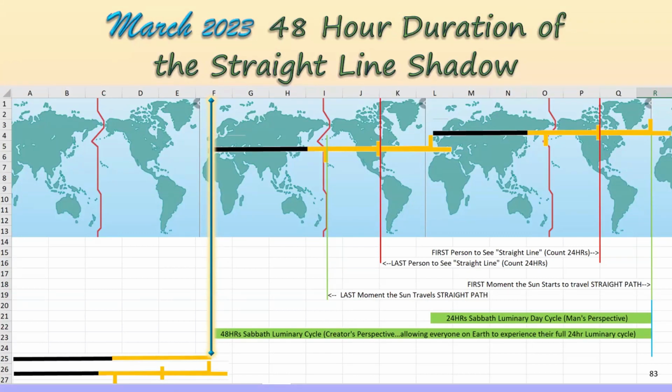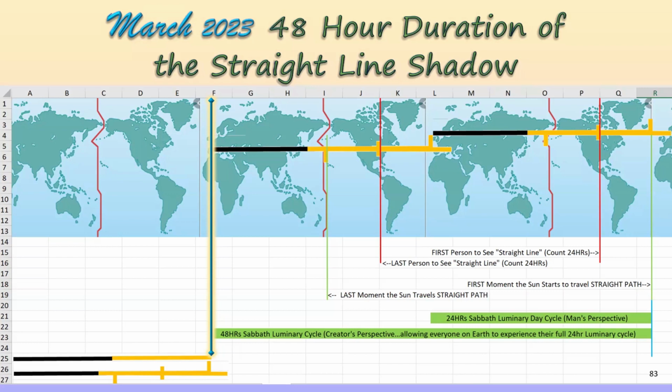So now let's look at this graph for a minute, and imagine how much time actually needs to pass for the Creator to be there for this special weekly fellowship with his creation, and to give everyone on earth an opportunity to experience their full luminary day cycle.